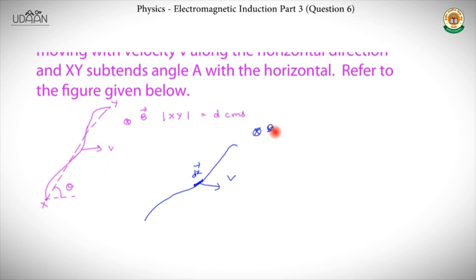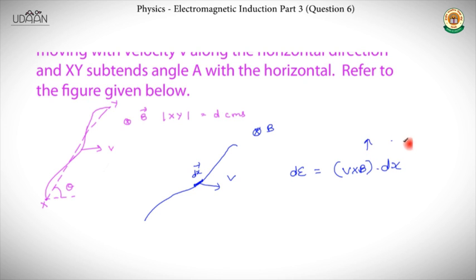So because of a small part dx, let me first calculate the EMF developed. The EMF developed because of a small part dx would be (v cross B) dot dx. Obviously v is perpendicular to B, because B is into the plane of the paper and v is along the horizontal, and v cross B will be along this direction.